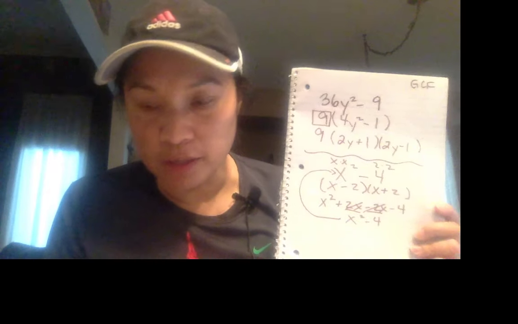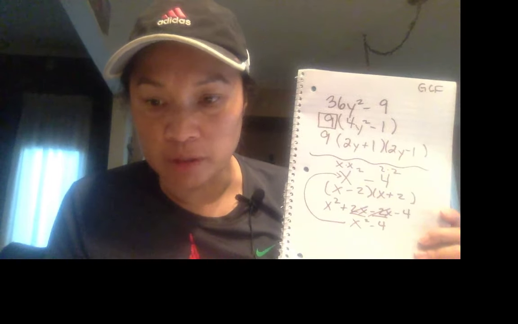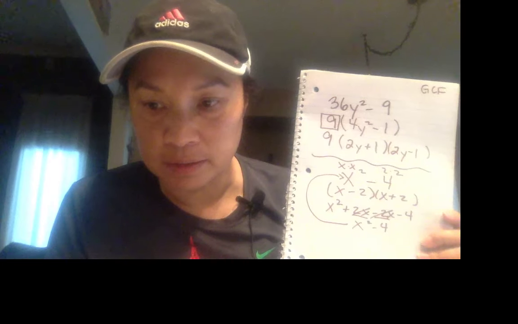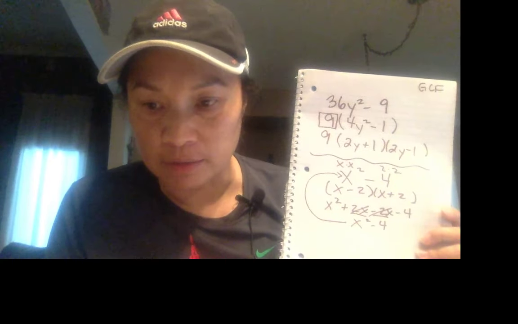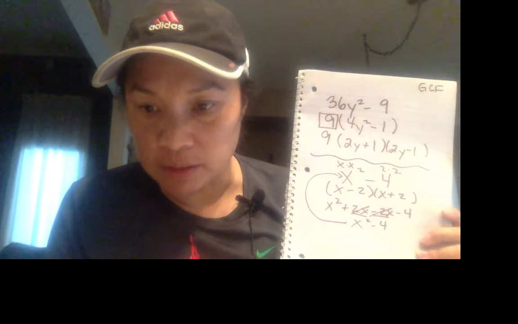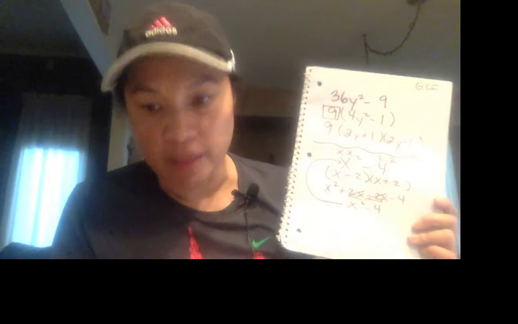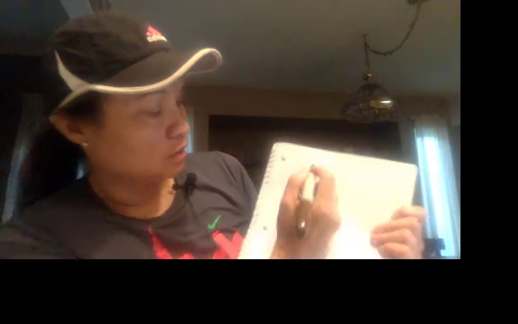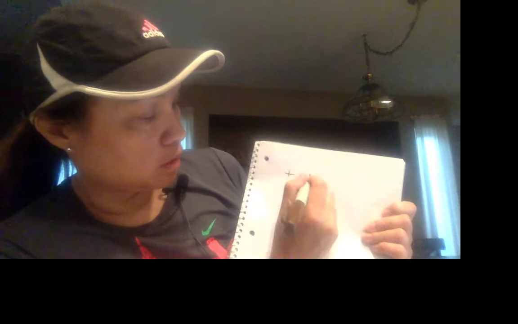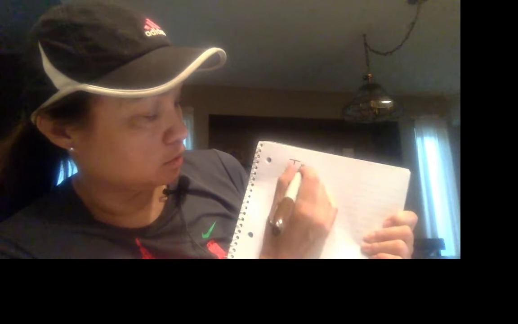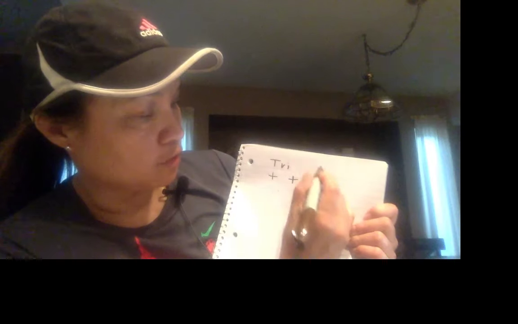Okay, Trudy. Hi, Trudy. So in a trinomial, if the signs are plus and minus, the sign will be negative, and if both are positive, it is positive. That is correct. If you can memorize the patterns, there are patterns to the trinomials. So this is the trinomial, and this is the factored form.